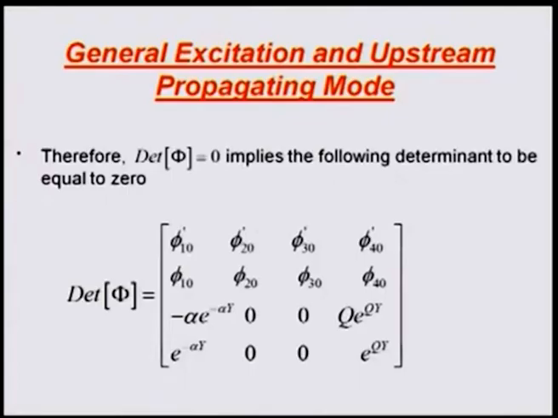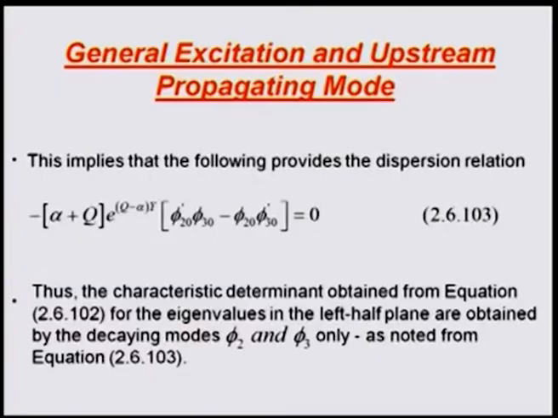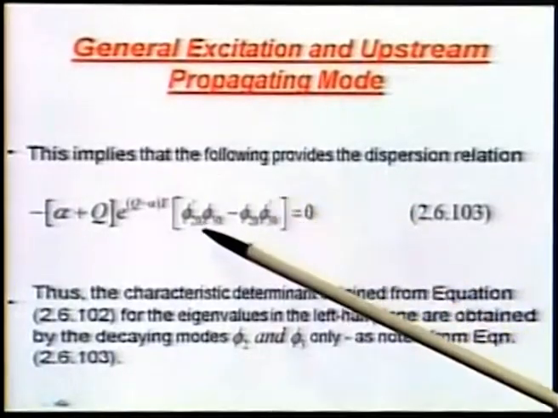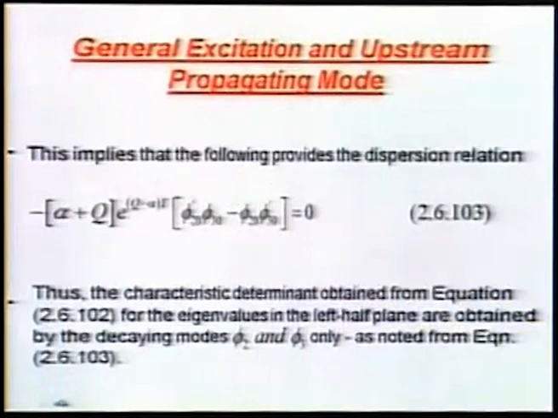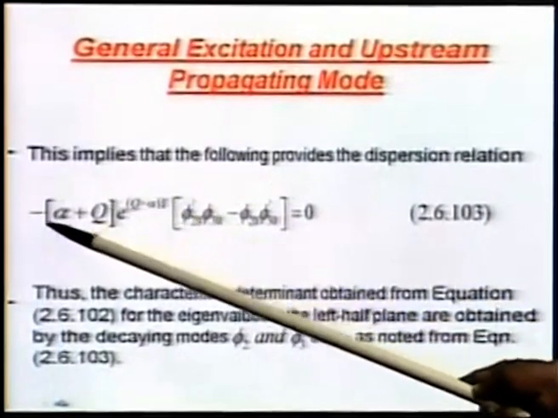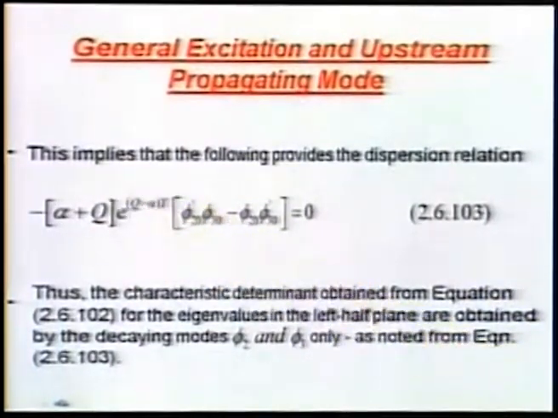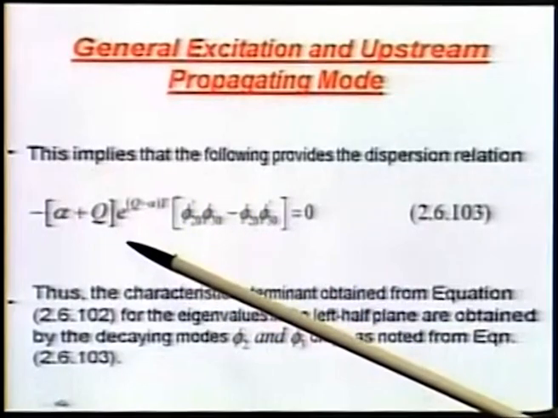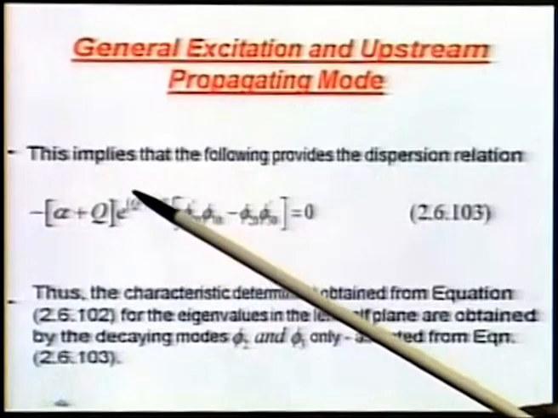Now, once we obtain this, we have seen the characteristic determinant is given by the determinant of this capital phi matrix. So, that gives you basically the dispersion relation. It is a kind of wonderful simile here, that when we open it up and simplify, we find that those growing modes with y give rise to this part of the dispersion relation, and what does it say?